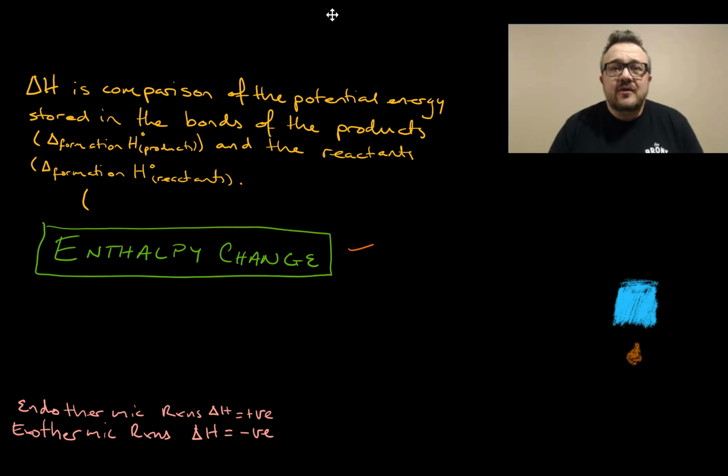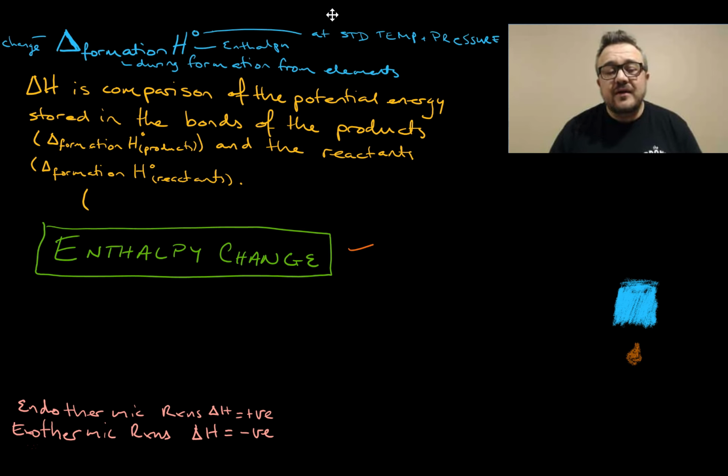And because reactions go from reactants to products, we're seeing how much there is in the products minus the reactants. That's all of the bonds in all of the products combined, minus all of the bonds in all of the reactants combined.